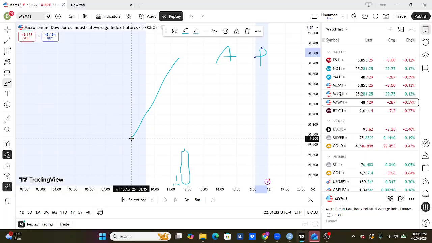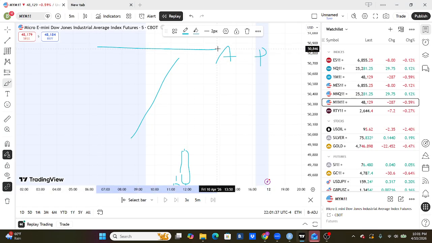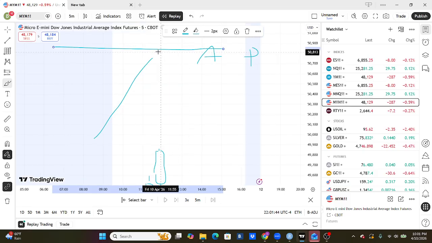So let's say we're in an uptrend. We have a high here, and this is where we are currently in price. Passive sellers, passive buyers are people who think we're going to hit this level. Let's talk about passive sellers.